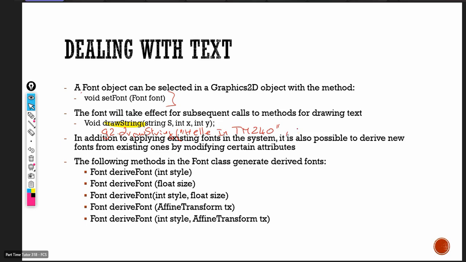Then I give the X component and the Y component where I want to place this message on the screen, for example 100, 100. This will display the message "hello in TM240" at this coordinate. Here we have the screen, here 100 and here 100. So at this location, the text will be displayed.